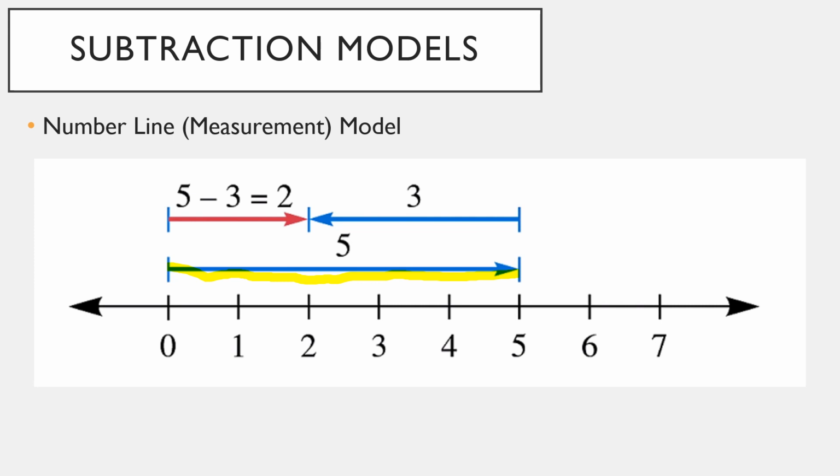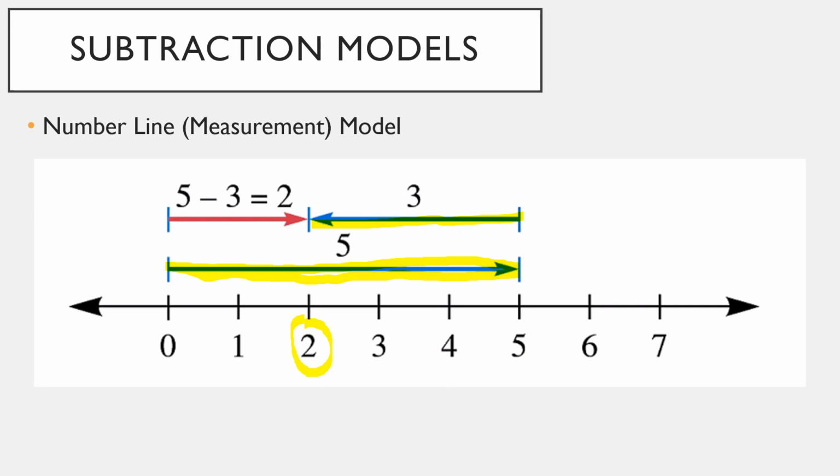Then you can see up here, they go the opposite direction, counting backwards 3 units on the number line. So this is visually representing taking 5 units and then subtracting 3. Then you look at the spot on the number line where you're left.